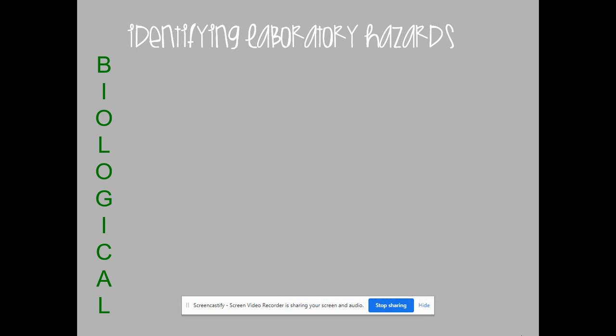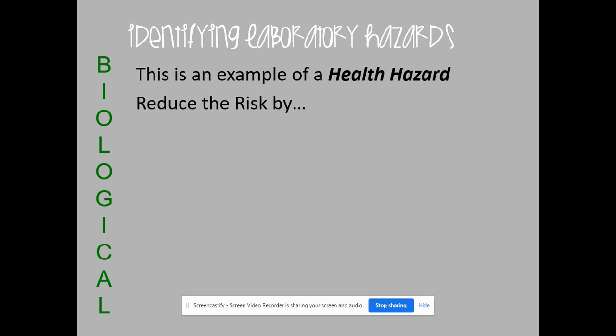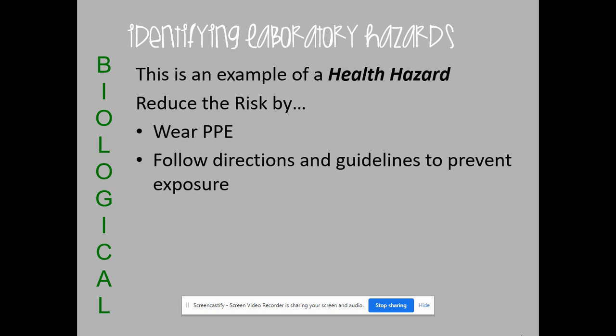Okay, so how can we reduce the risk? Okay, so we can wear PPE when we need to, right? And right now, that's what we do. We all wear masks, right? If we can't be more than 2 meters or 6 feet away from somebody, we're wearing masks, right? Follow our directions and guidelines to prevent exposure.